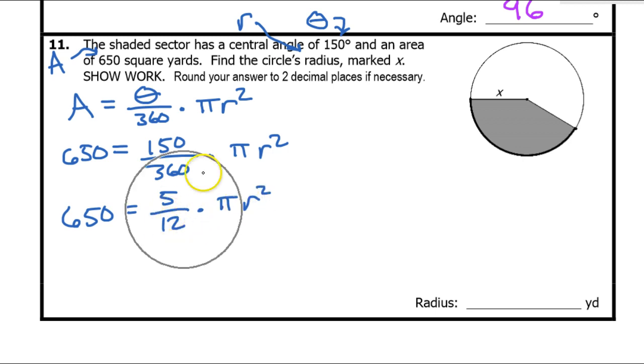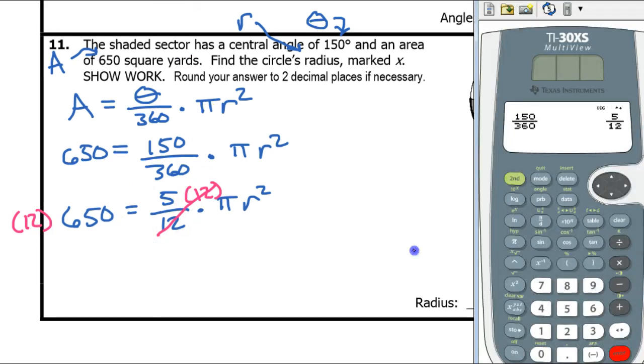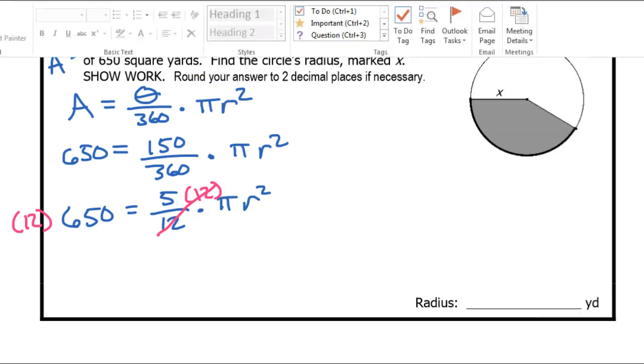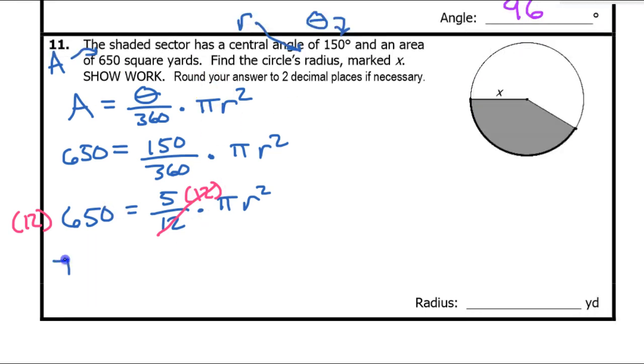To eliminate the fraction, all you have to do is multiply by 12 on both sides. That will cancel out the denominator of 12. So the 12s cancel each other out, and now we need to see what 12 times 650 is. So that's 7,800. And that's equal to 5 pi r squared.